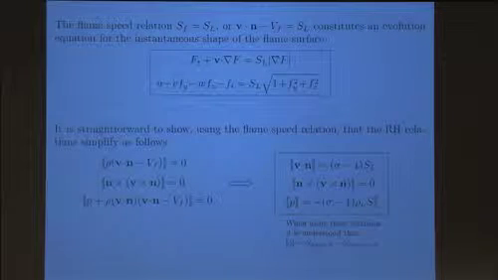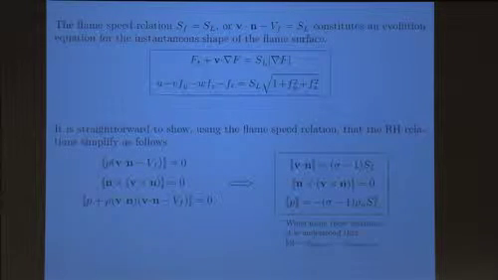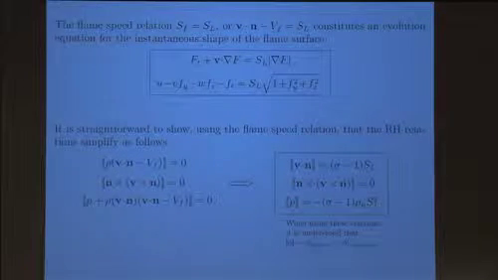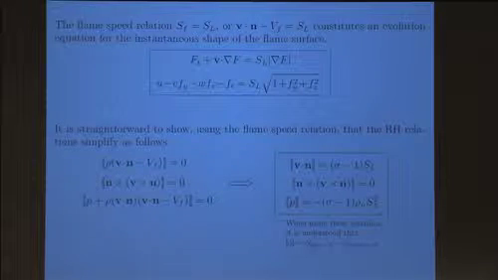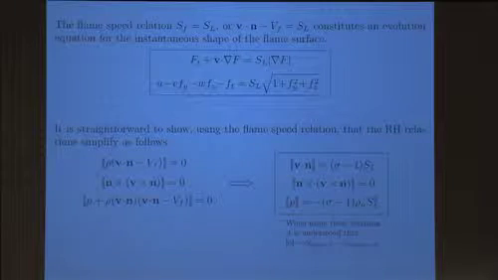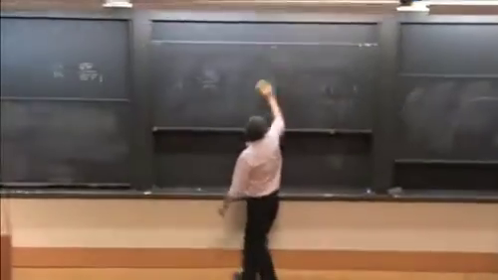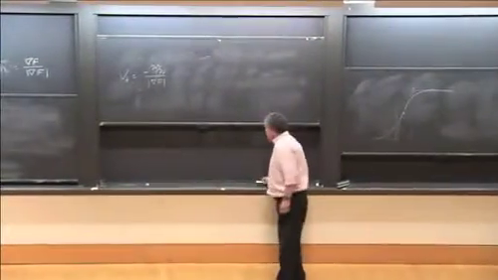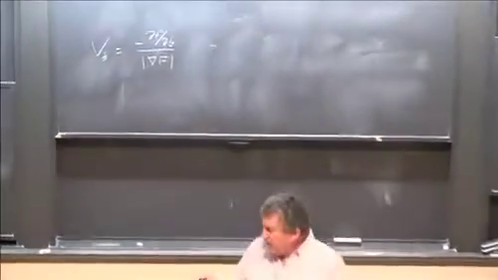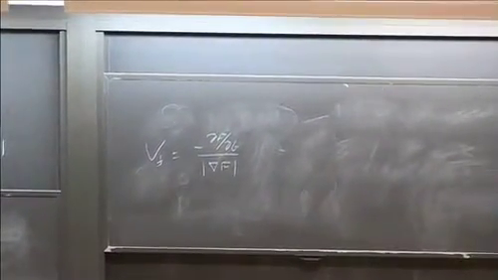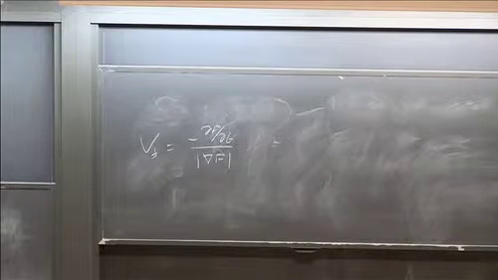Because remember that the normal n was the gradient of F divided by the norm of the gradient of F, and V_f was minus the partial of F with respect to t divided by the norm of grad F. And so if you substitute that into the relation for the flame speed and organize the terms, you get this equation here.